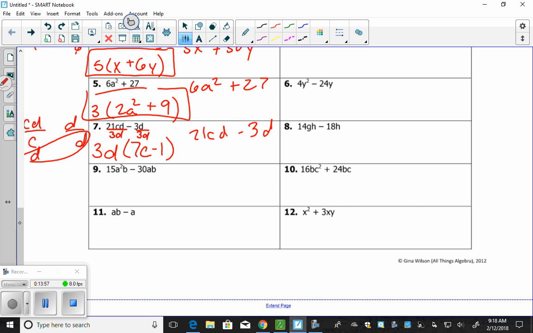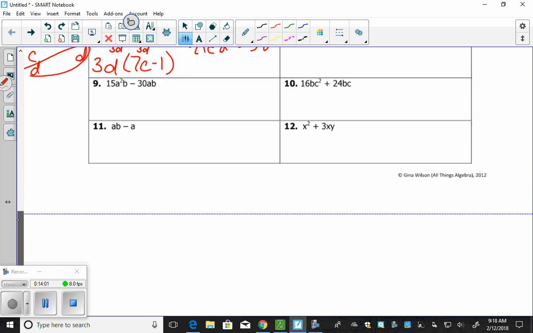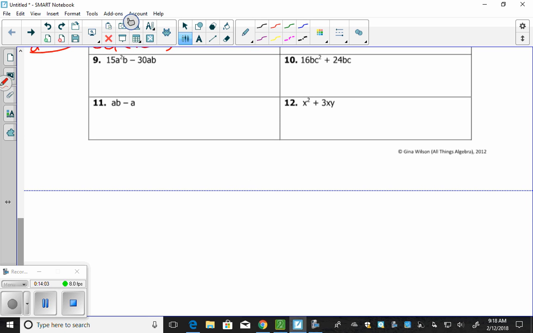Number 9. What do they have in common? 15. Okay, they have a 15 in common. How many A's do they have in common? They have 1 A in common. How many B's? 1 B. So what's 15 divided by 15?